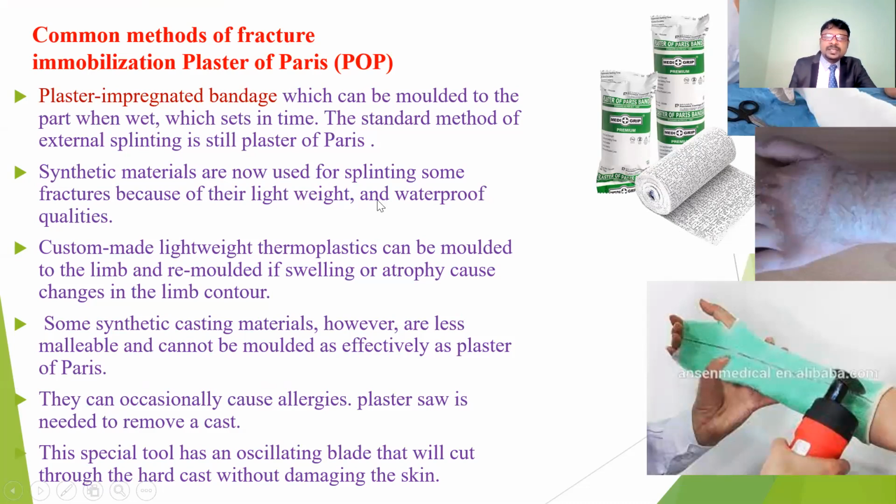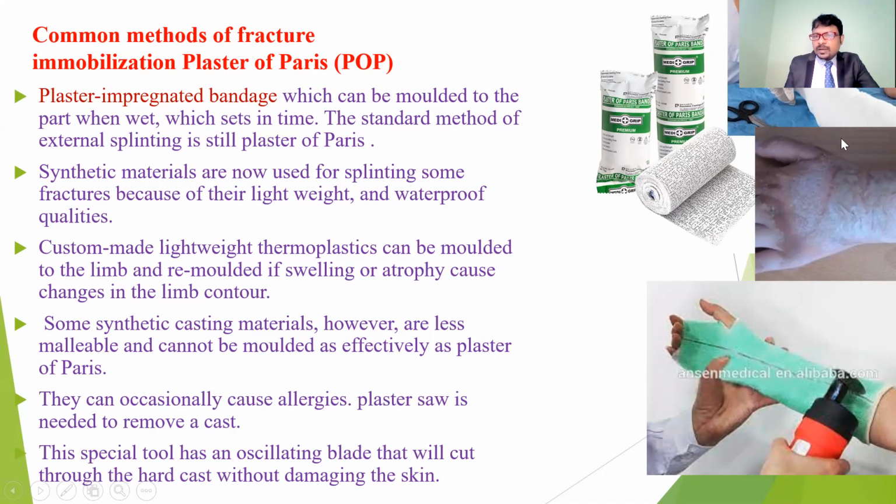The standard method of external splinting is still the plaster of Paris, so we apply the external splint with a plaster of Paris bandage. Synthetic materials are now used for splinting some fractures because of their lightweight and waterproof qualities.